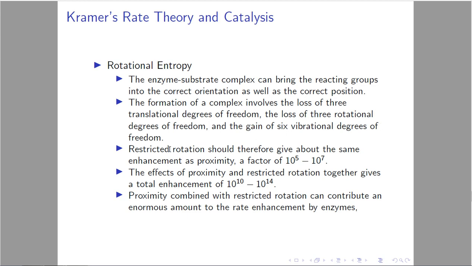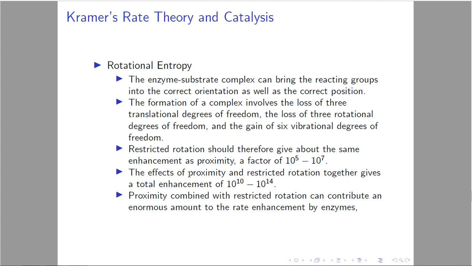So this restricted rotation should therefore give about the same enhancement, a factor of 10 to the power of 5 or 10 to the minus 7 in rate of reaction. Okay, so we can get 10 to the power of 10 and 10 to the power of 14 enhancement. So a much greater speed when we have this proximity and this restricted rotation.